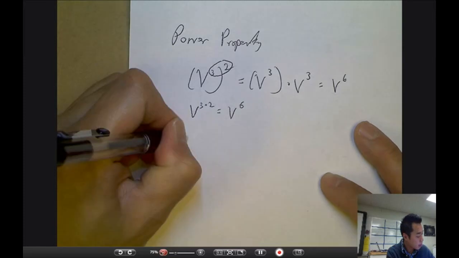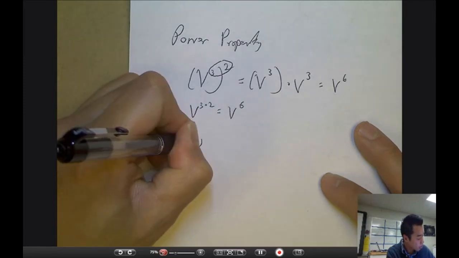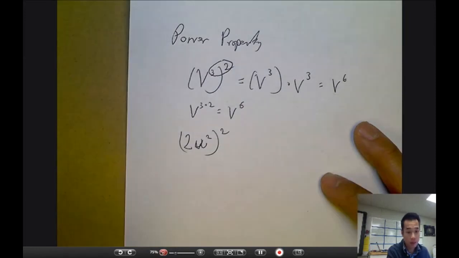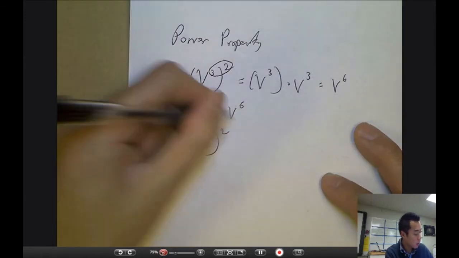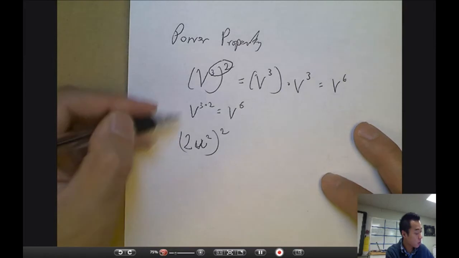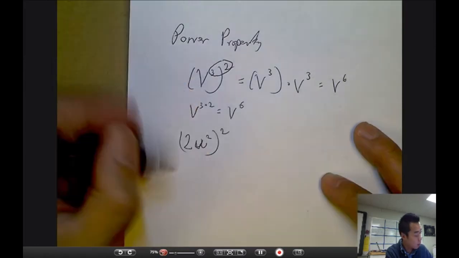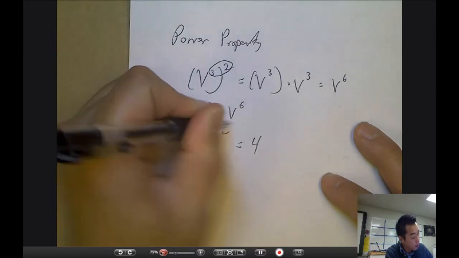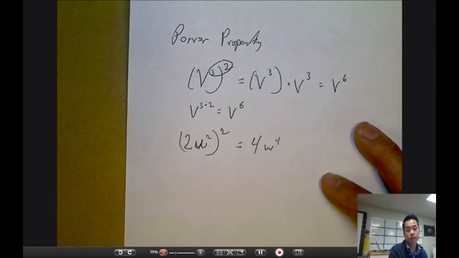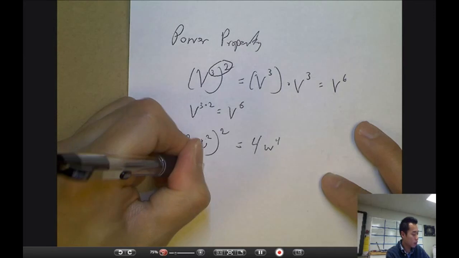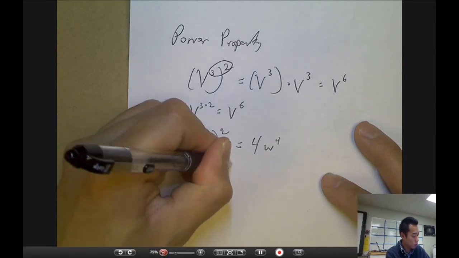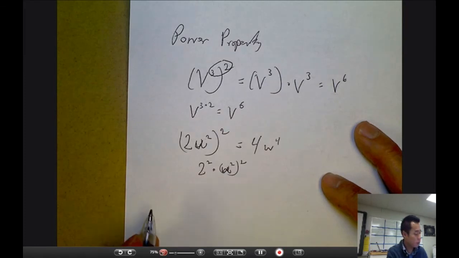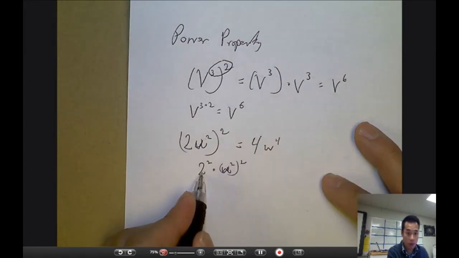A common mistake is I have something like this, 2u to the second squared, is I might forget to do something with the 2, but really when in doubt, write it out. You get 2 squared is 4. u squared squared would be u to the 4th. Because what's happening here is 2 squared times u squared squared. Okay, so you have to take care of your coefficients as well.